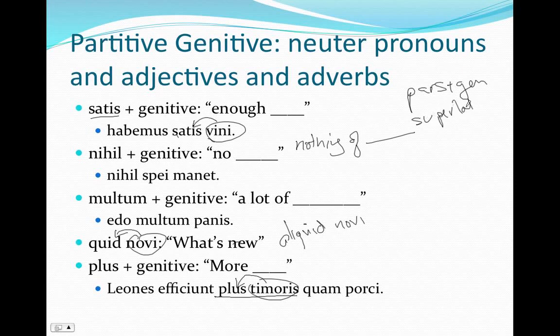So the greatest of kings, the mightiest of rivers. But these words, satis, nihil, multum, quid, plus, they do not translate neatly into English. You sort of have to play with the language in order to make it fit. But this is the idiomatic way that Latin would use satis or nihil, or quid or plus with the partitive genitive.